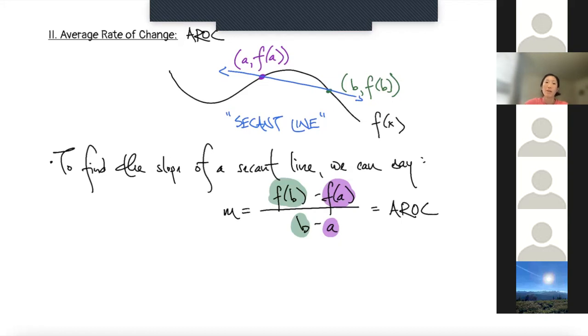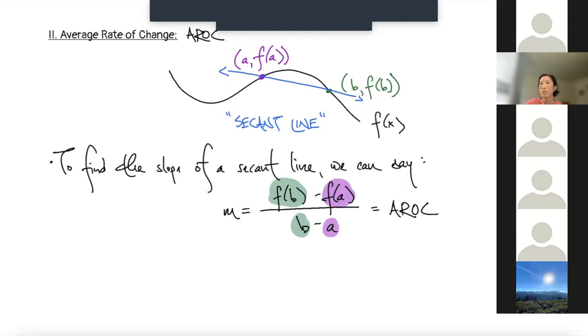All right. So one way that I can ask you to find the slope of the secant line is find the average rate of change, right?